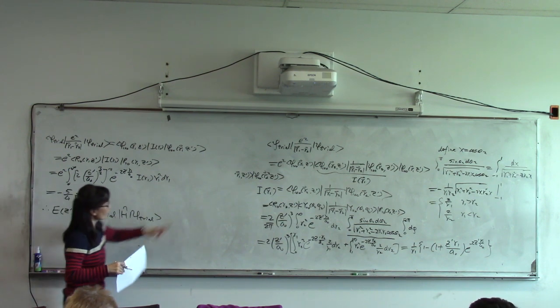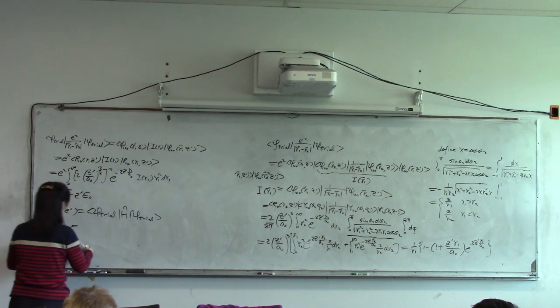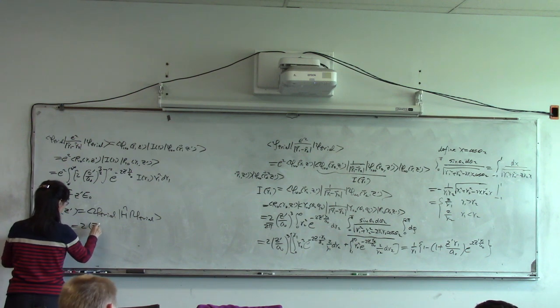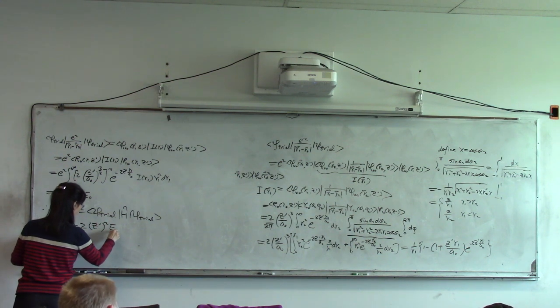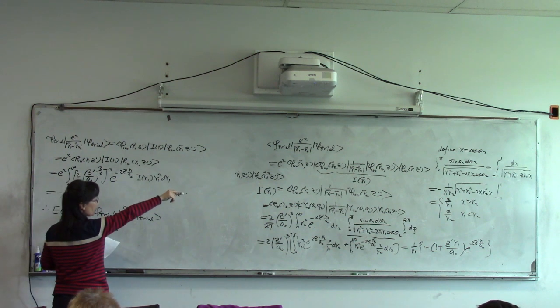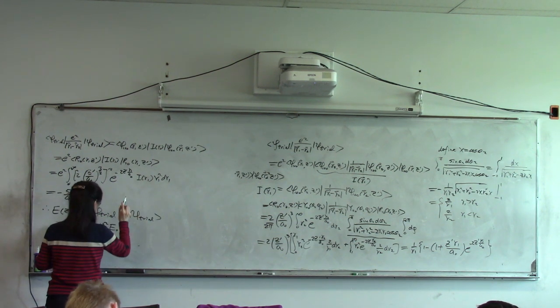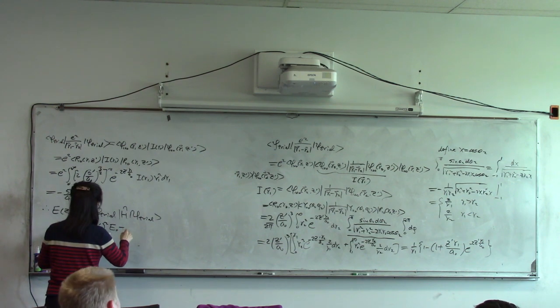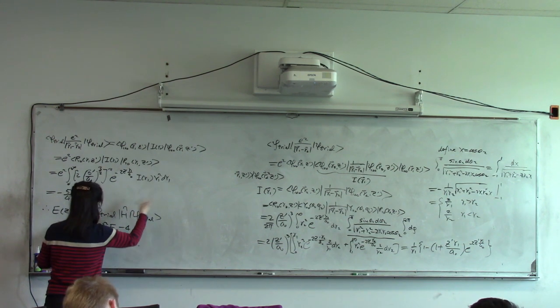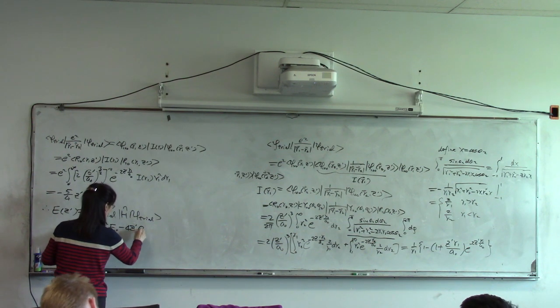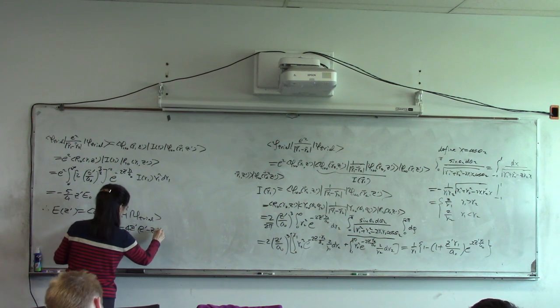Now remember the first two terms are single-electron terms, so we have 2 times Z prime squared E naught, right? That is 2 per electron. The third part we already integrated, so I give you the result. Each one is, so that's 2 times minus 4 Z prime Z E naught.